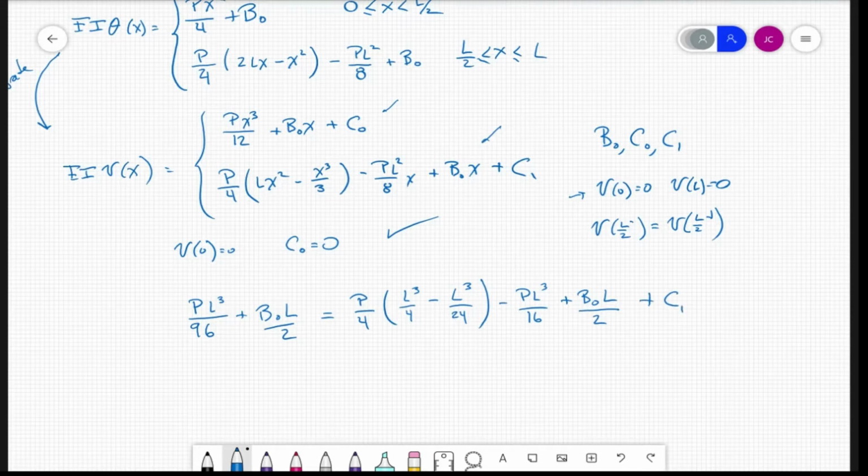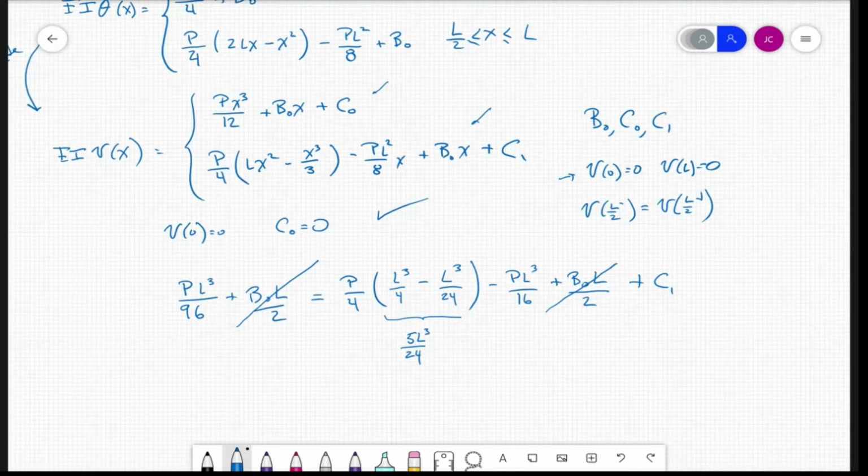All right. In this particular case, the B0s cancel out, right? That goes out with that. Those cancel. So now I'm just left with C1. This becomes 6 over 24. So this becomes 5L cubed over 24, right? Times P on 4.